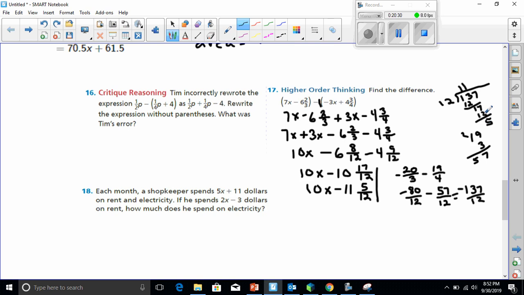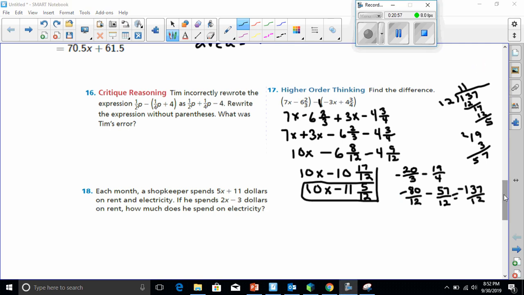Once again, you can see our answer would have been 11 and 5 over 12. And since they were both negative, it would have been negative 11 and 5 over 12. So our final answer is 10x minus 11 and 5 over 12.